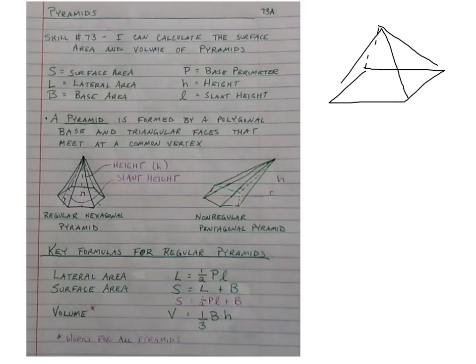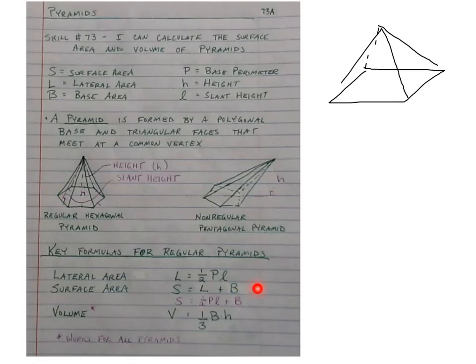The key formulas that we have: lateral area is half of the perimeter times the slant height, so halfway around times the slant height. The surface area will be, of course, the lateral area plus the base.